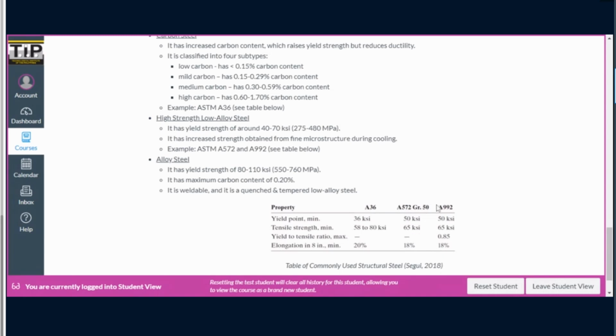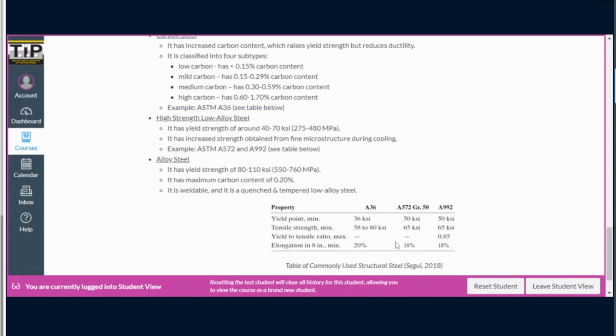A992 is the usual steel in the United States. In the Philippines, I don't know if our plants produce A992. As far as I know, the usual steel that we produce are A36 and A572.